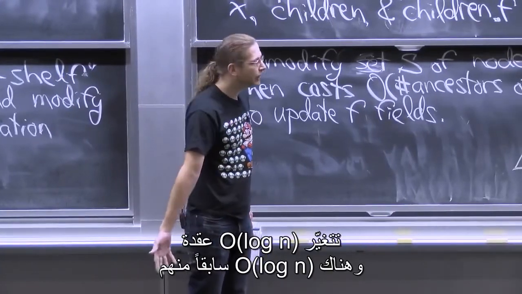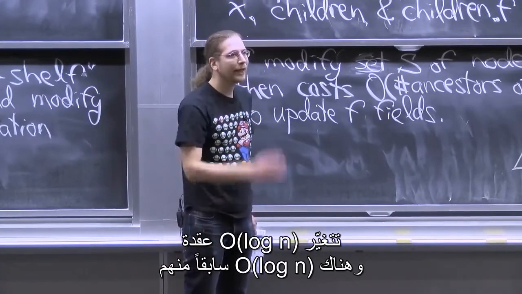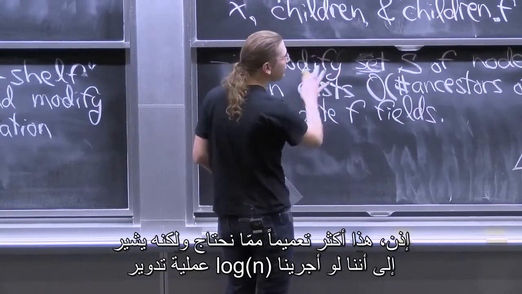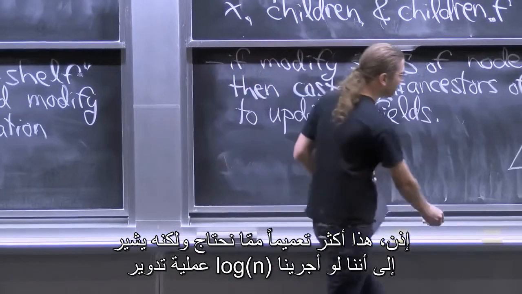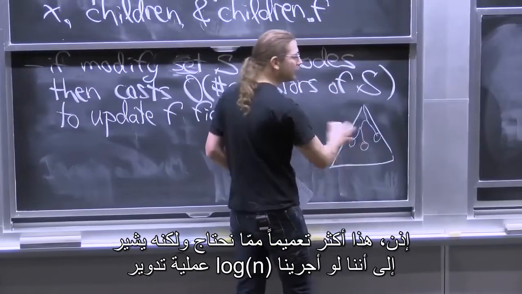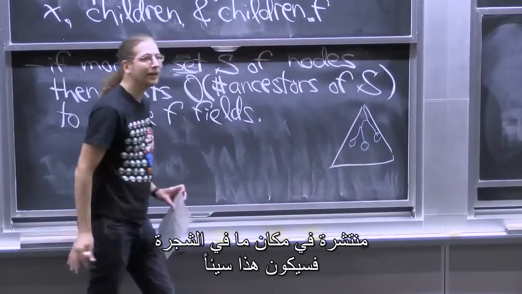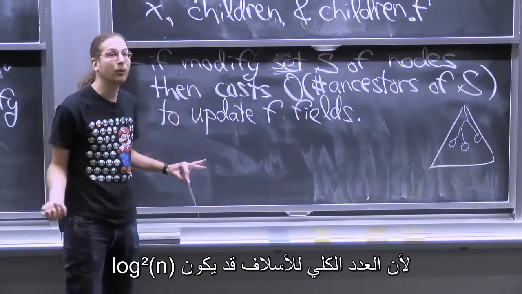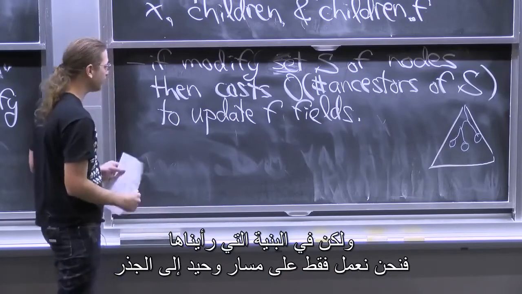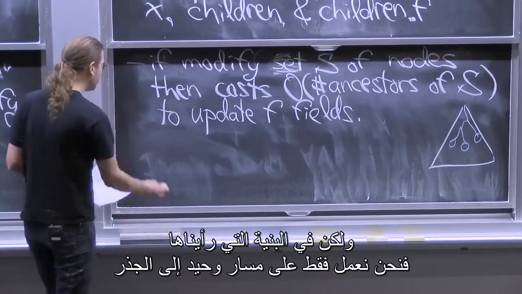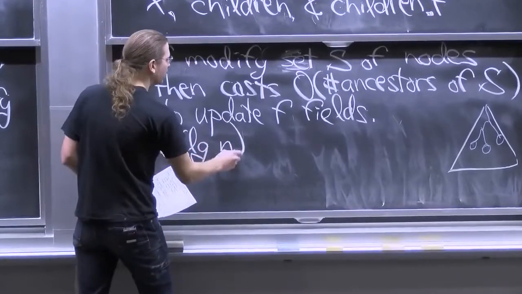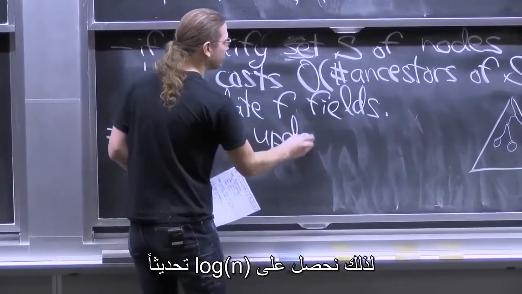Order log n things change, and there's an order log n ancestors of them. So this is a little more general than we need. But it's just to point out, if we did log n rotations spread out somewhere in the tree, that would actually be bad, because the total number of ancestors could be like log squared. All right? But because in the structures we've seen, we just work on a single path to the root, we get log n.